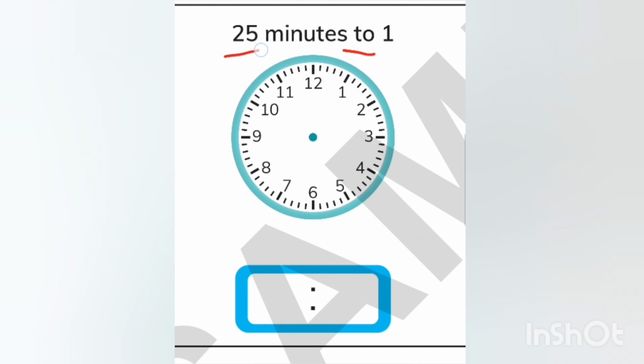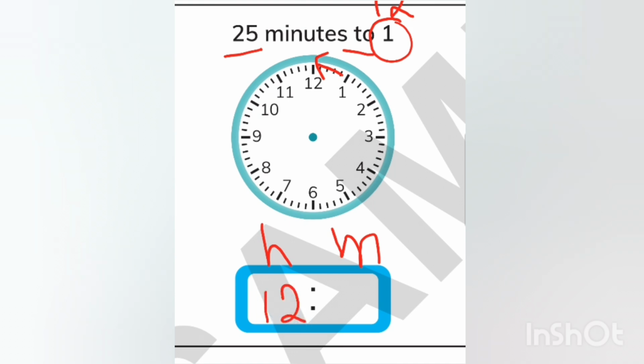Now this is written 25 minutes to 1. 25 minutes to 1 means we will not write 1, but we will go back one number. So this is 12. This is hour and these are minutes. So here we will write 12.